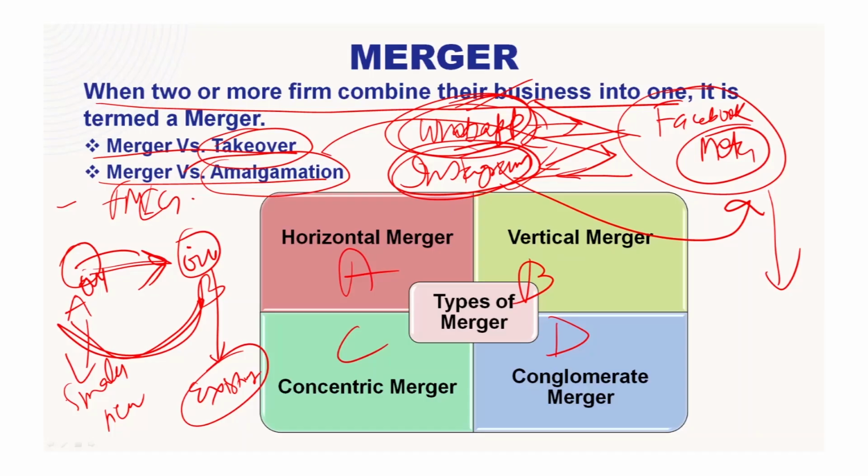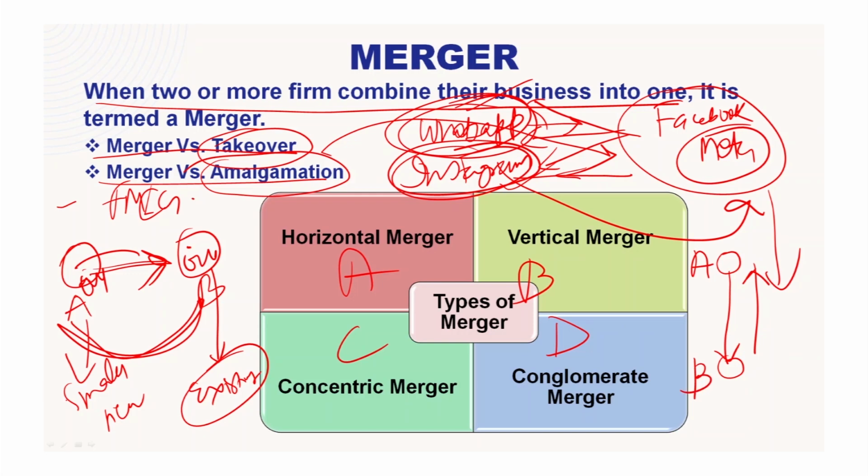It means within the same product category, within the same industry, when the merger is done, it is termed as the horizontal merger. Vertical merger, it could be upward and it could be downward as well. When you are a company and you are purchasing or merging with different supply chain elements. Suppose company A is there and company B is there.